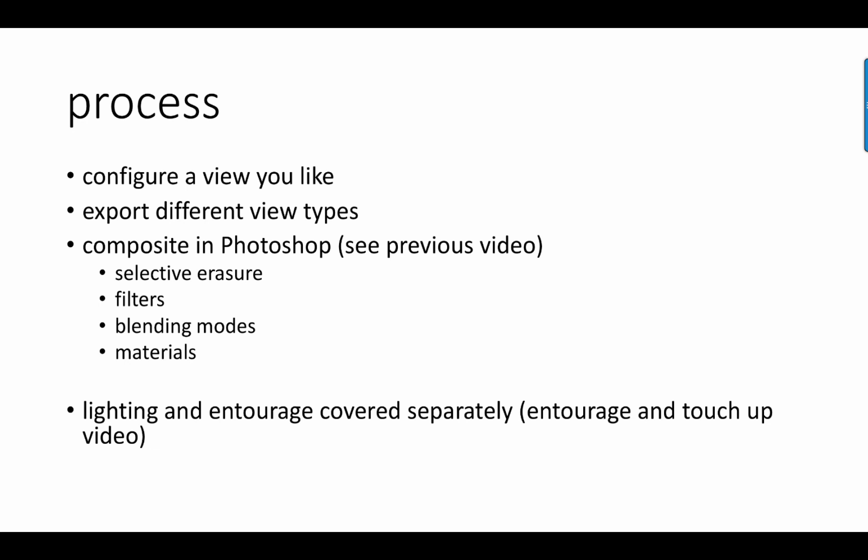Revit does also have the potential for different layering, different view styles, shaded, realistic, and all that, and of course rendered. And you can get more than adequate results from Revit as well. There is also lighting and entourage, which is covered in a separate video called Entourage and Touch-Up.